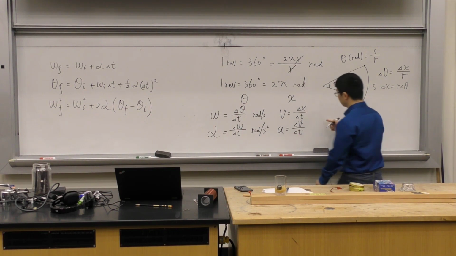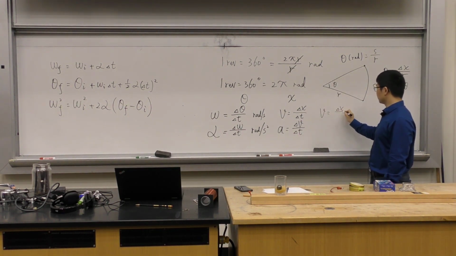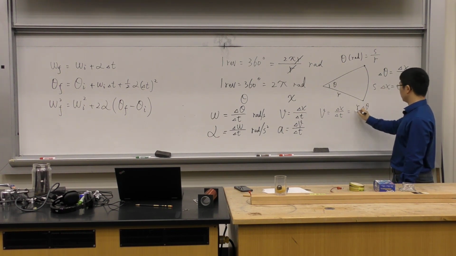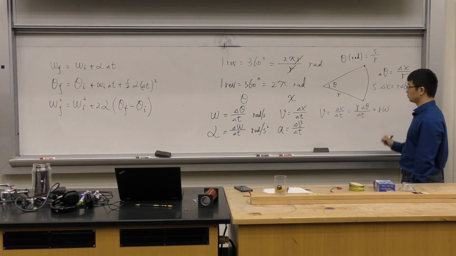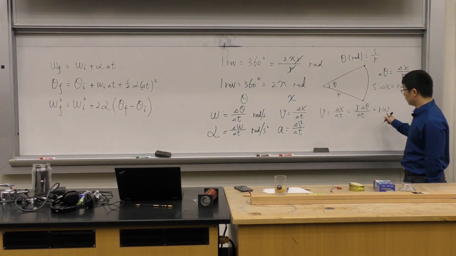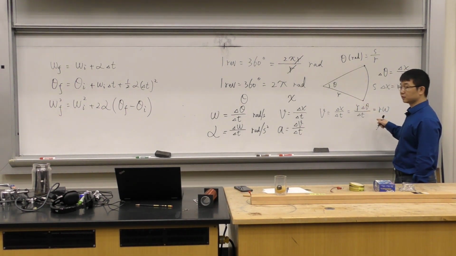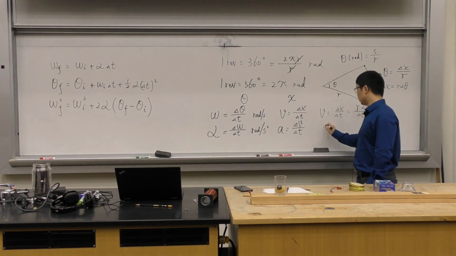And then if you plug that in, you would just get r times the changing angle divided by changing time. And if you put the changing angle divided by changing time together, that's just going to give you r times omega. So the v, the linear velocity, and the angular velocity for the same point are also connected by this radius.